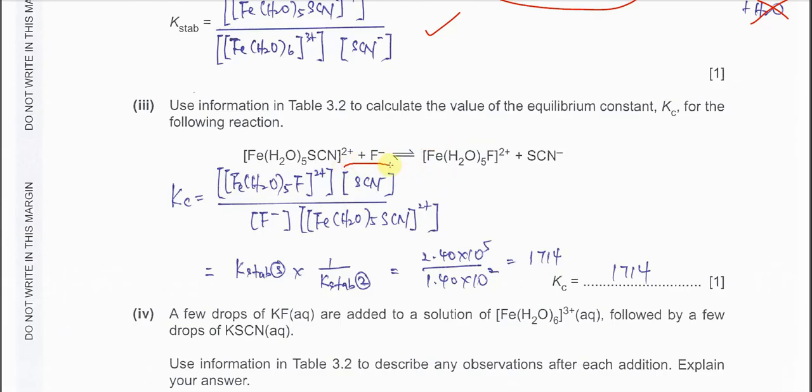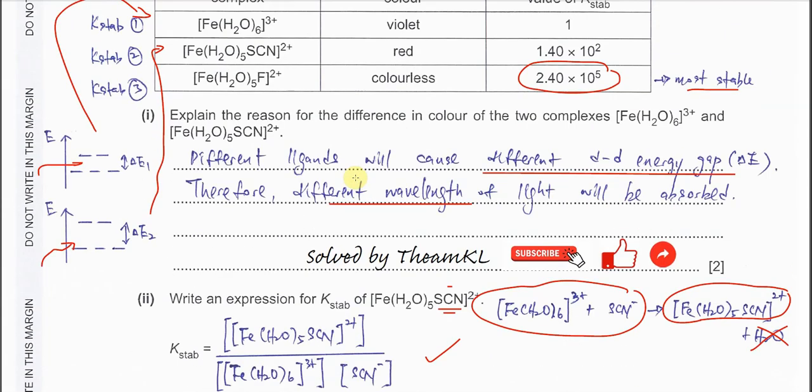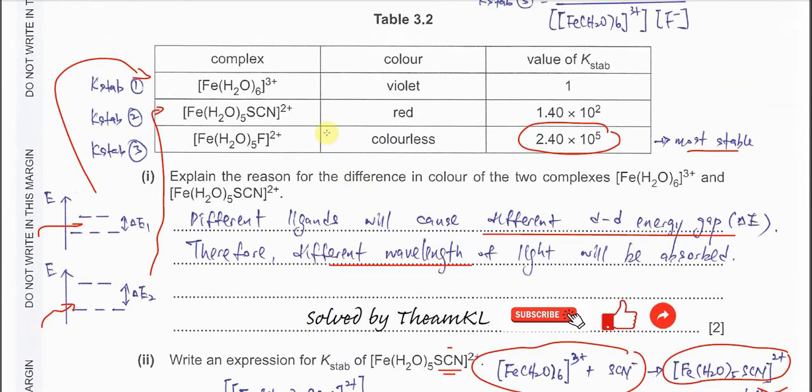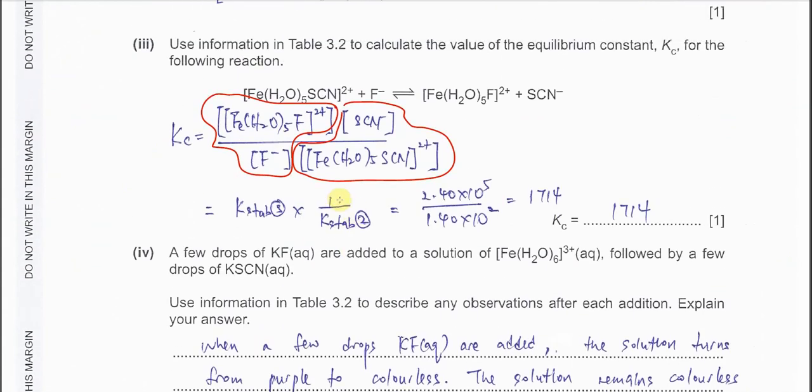This one is the K step 2, and this one is from the K step 3. You can check it in this table. So basically it is K step 3 over K step 2, because this part is 1 over K step 2. So you just need to use the K step value, the last one over the second one.